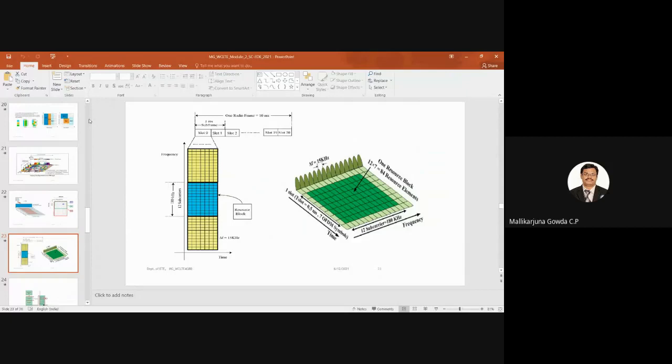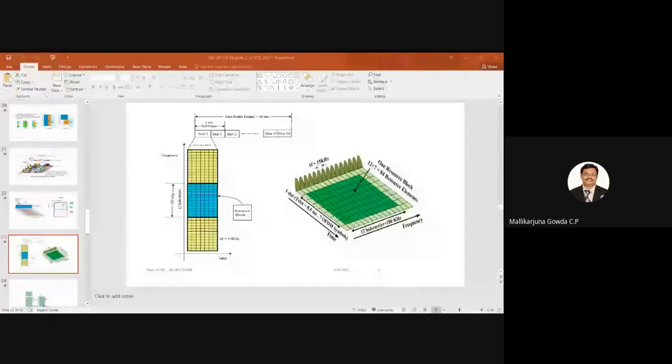Same thing, I just make you understand in more detail. I am showing you diagrams, enlarged, which will make it clear. See, 12 subcarriers with 7 OFDM symbols is known as one resource block. So 12 subcarriers with 180 kilohertz, like that many will be there, and this we call slot 0.